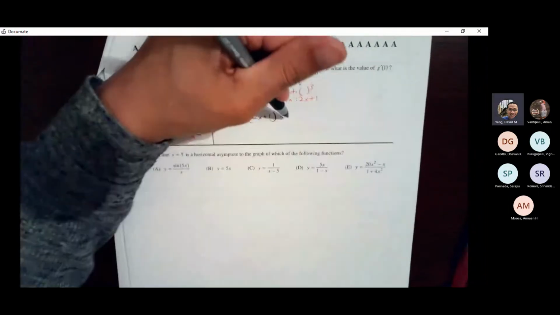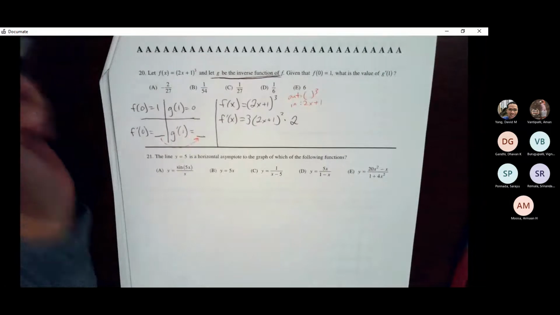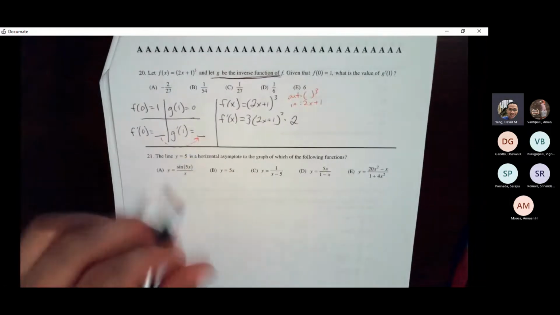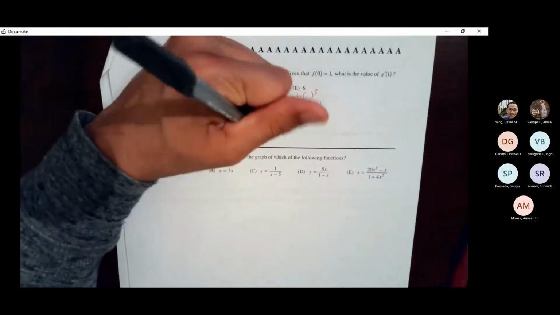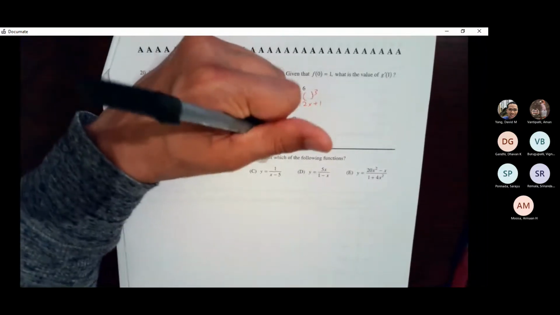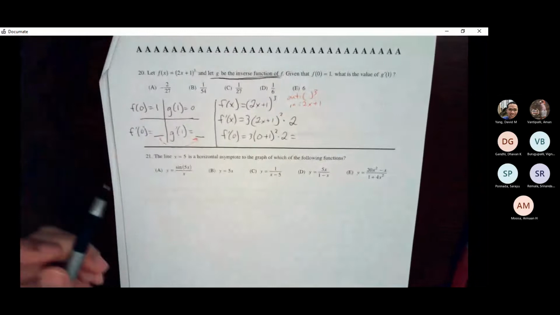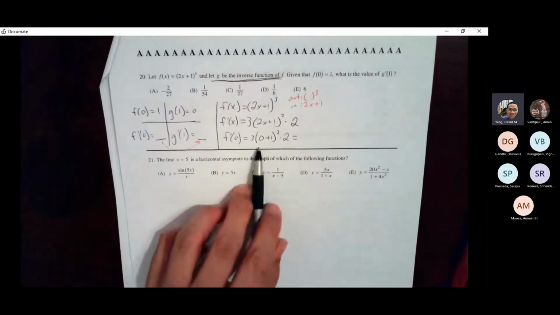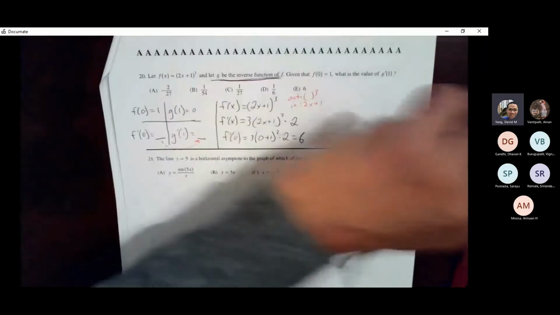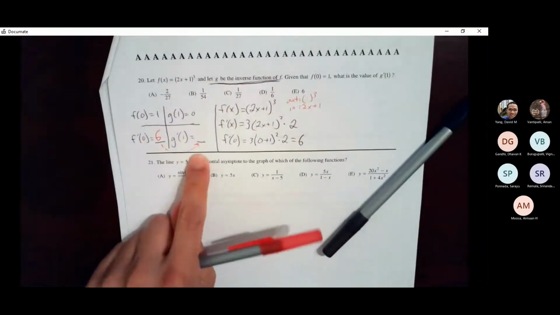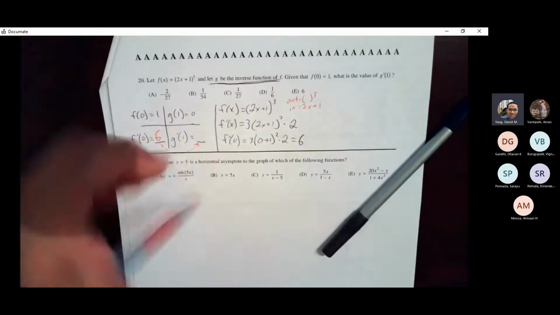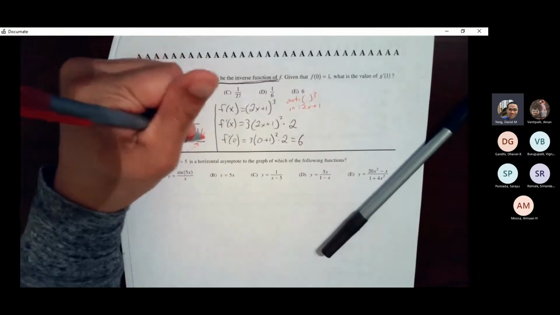Times the inside function's derivative, times 2. Evaluate the derivative at 0. Okay, 1 squared is 1. 1 times 3 is 3. 3 times 2 is 6. So the slope of my f graph at 0 is 6, which means that this inverse at 1 must be the reciprocal, so it must be 1/6.